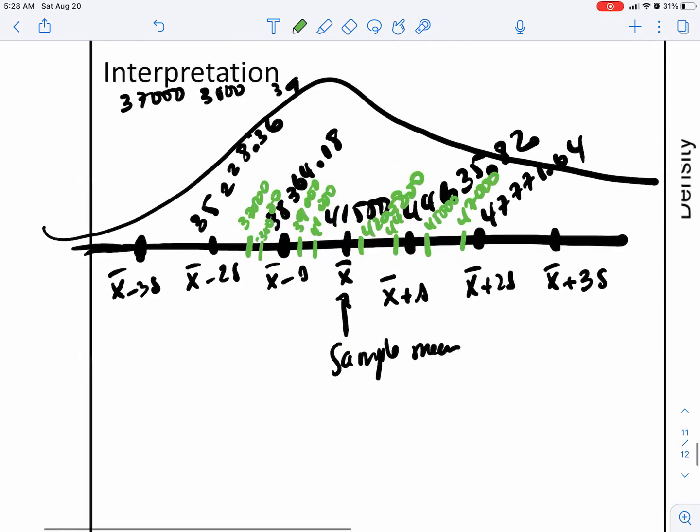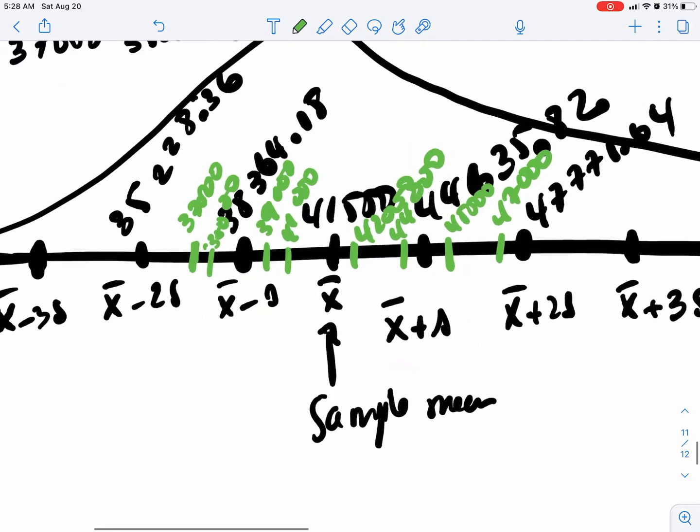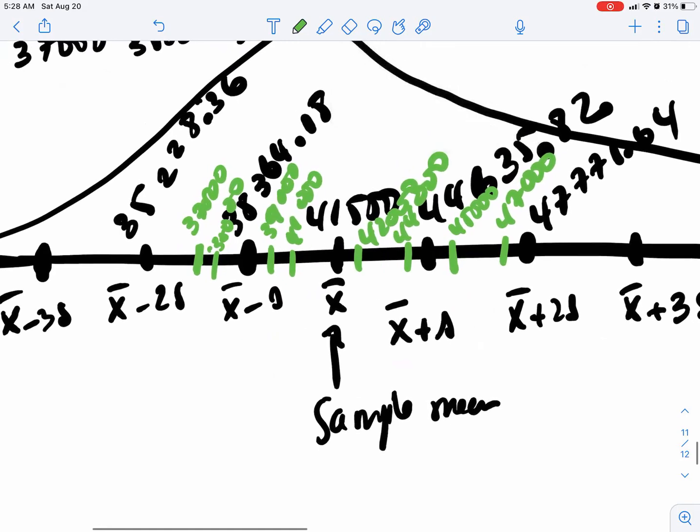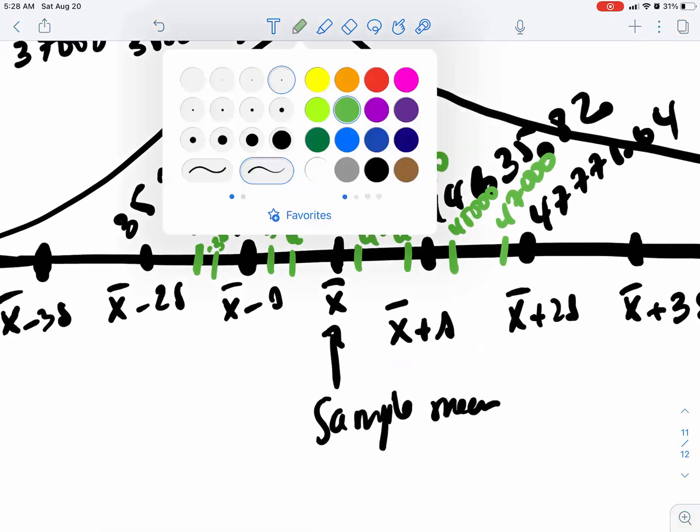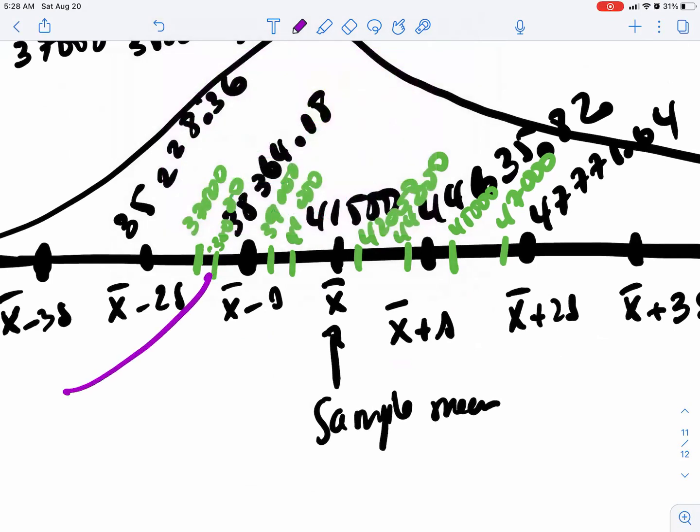So if I'm a starting graduate at this company, first thing first, if I get a salary of 37,000, I'm way below the mean. Do y'all see that? That means that my pay is very low.